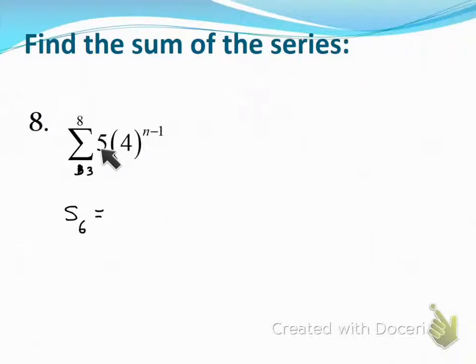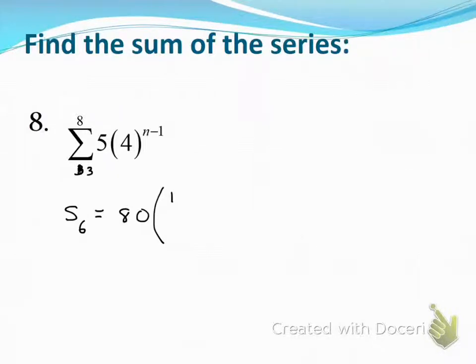This is the first term if we were starting with the first term. But we're starting with the third term. It's 80. How'd you get that? Well, if the first term's 5, 5 times 4 is 20, times 4 is 80.